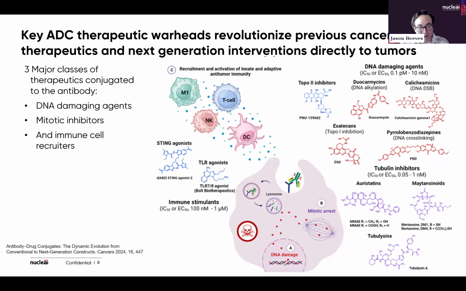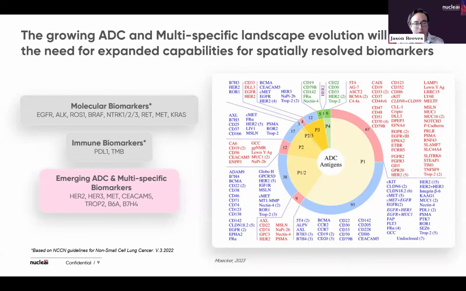And finally, the other component that we mentioned that's really critical here is obviously how you target the tumor cell. It would be remiss to gloss over the fact that there are many specific targets that have been identified for ADC development.